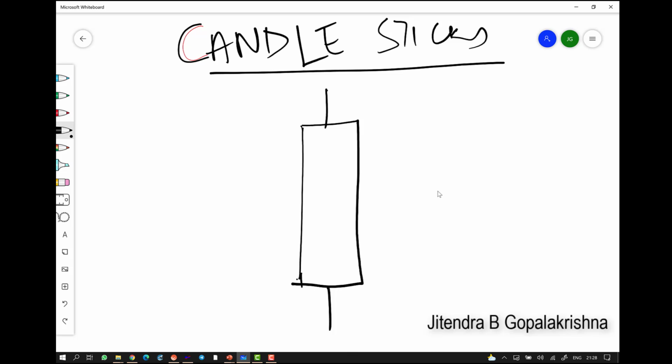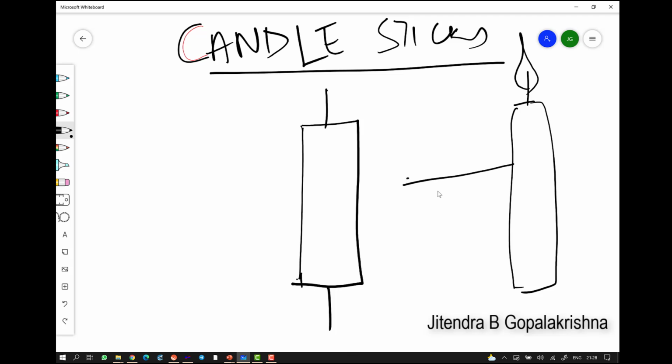Now why is it called a candle? Because a typical candle is always like this, right? It has a body like this, and a wick, and the fire burns on one side. Since it more or less looks like this, they started calling it candlesticks way back.